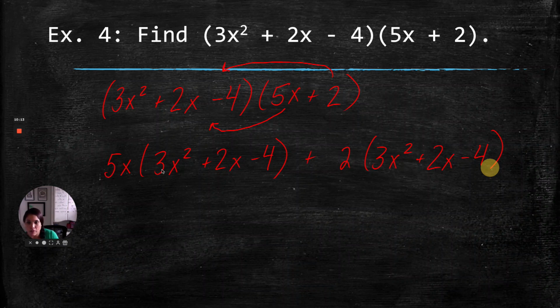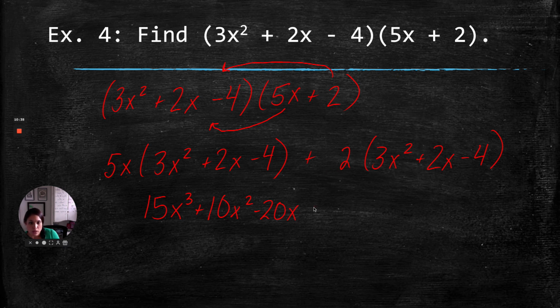I have a positive 5 times a positive 3, that's 15, and x times x is x cubed. Okay, 5 times positive 2 is positive 10. X times x is x squared. 5x times negative 4, this is going to be a negative 20x.